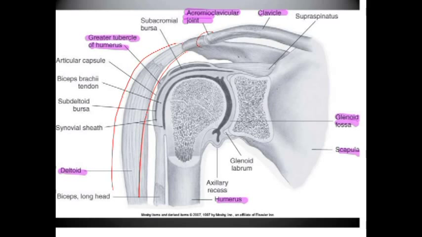Also notice we have the acromioclavicular joint, clavicle, sternoclavicular joint, glenohumeral joint, glenoid process, scapular body, and then we have glenoid fossa, humeral head, anatomic neck, surgical neck.